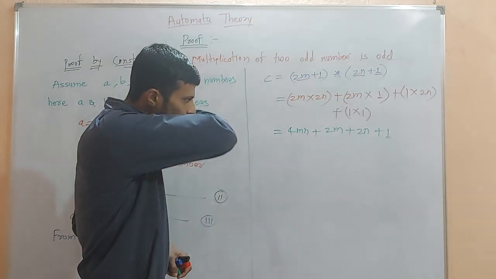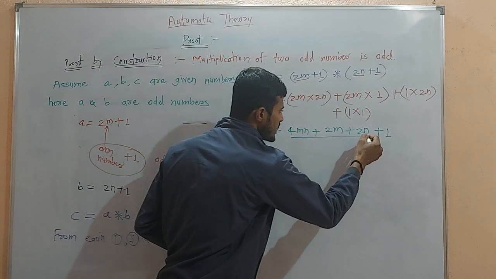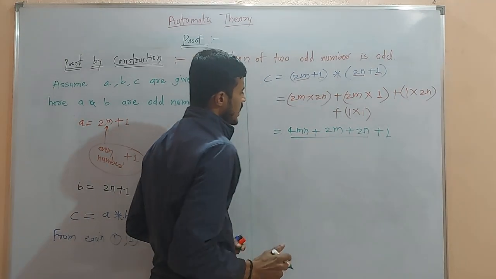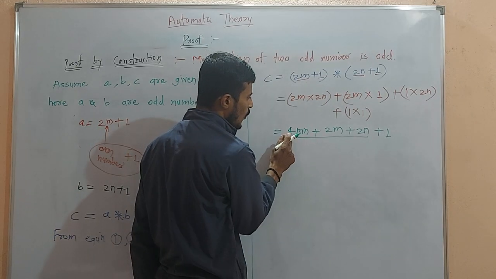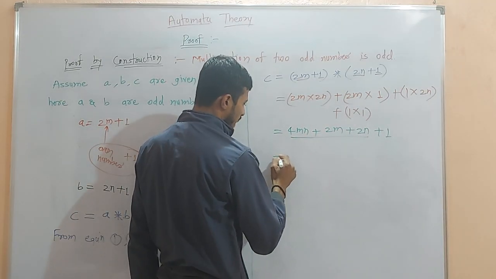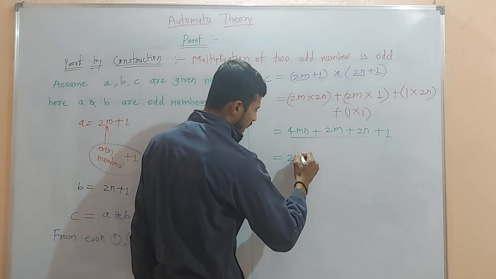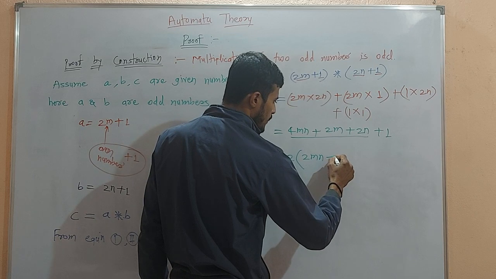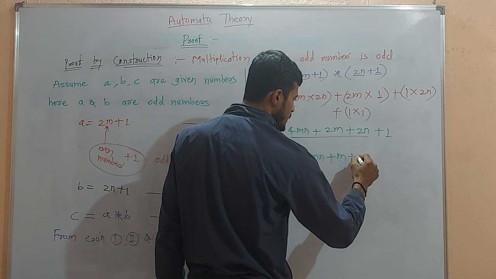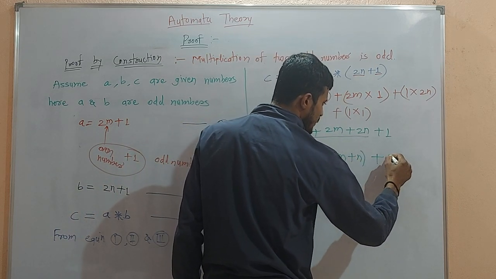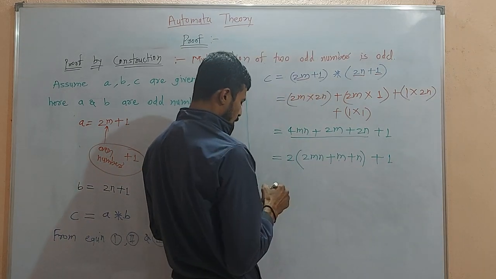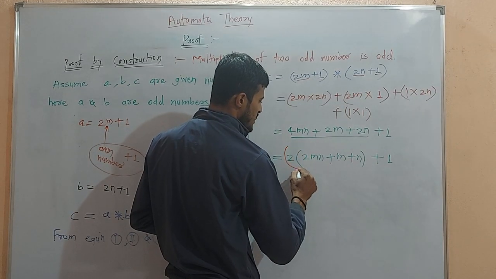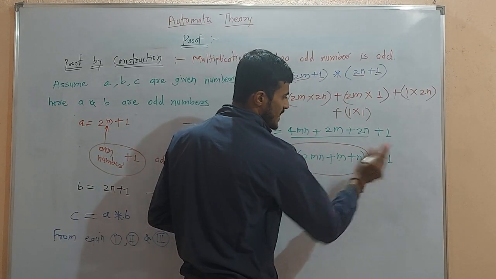Fine. If you see this, every term except the last has a factor of either 4 or 2. So I can take 2 as common, and it gives 2(2mn plus m plus n) plus 1. I am going to restructure the whole term with this as the first part and this as the second part.